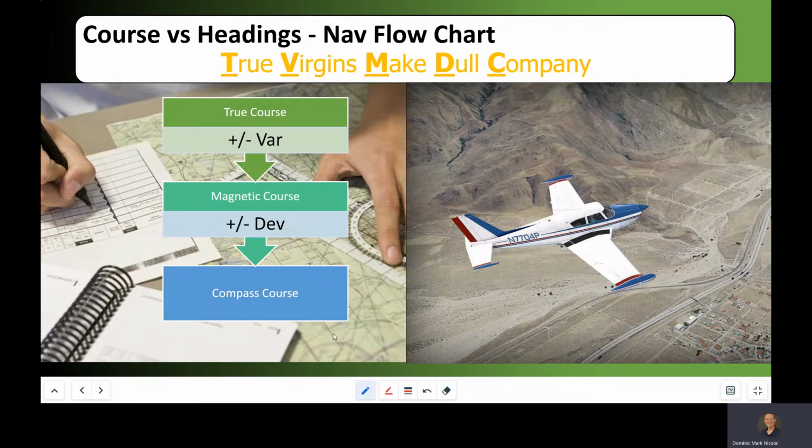Hence, the first letter of our poem starts with T. The next thing that we could do is add or subtract variation, which gives us a magnetic course. And then we would add or subtract a deviation to come up with a compass course. So hence the letters of our poem help us flow through the true, variation, magnetic, deviation, and compass information.